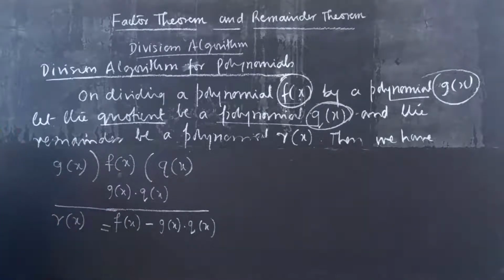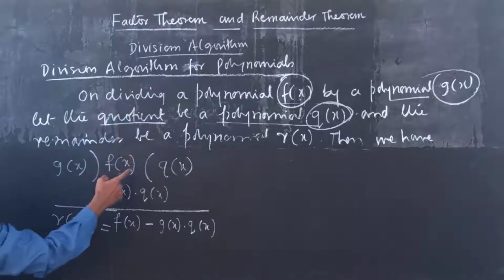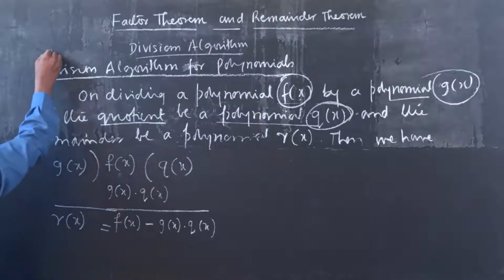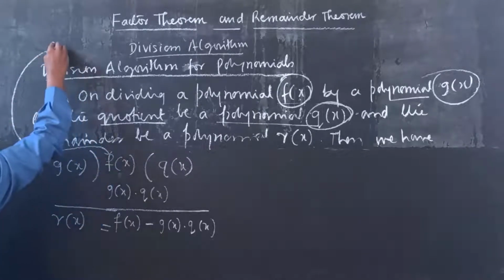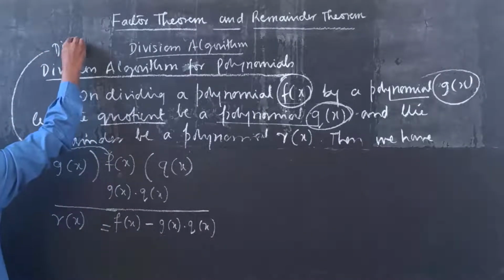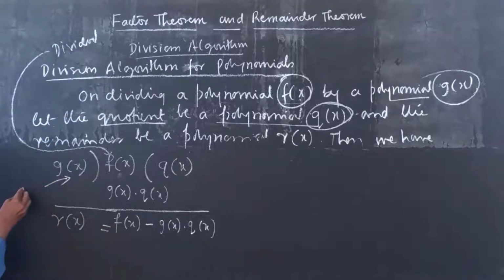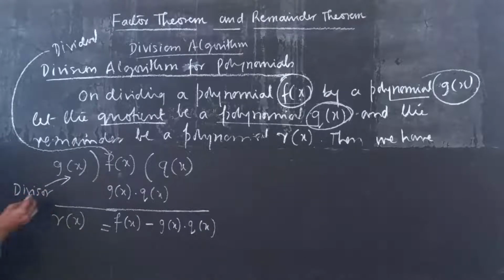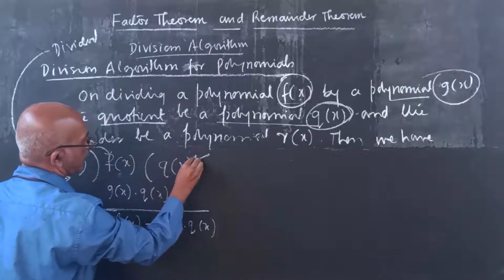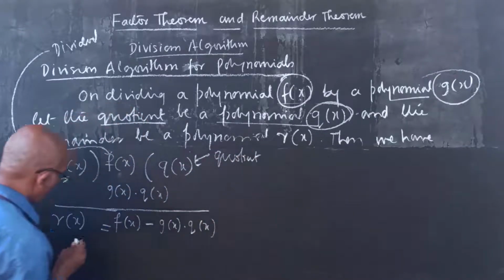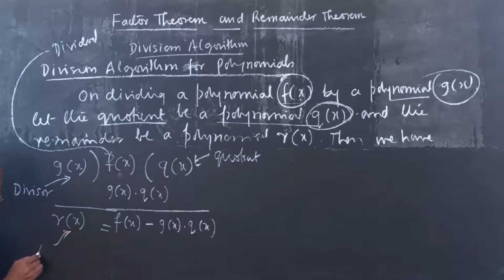So on dividing a polynomial f(x), this is called the dividend. This g(x) is called the divisor, this q(x) is called the quotient, and this r(x) is called the remainder.